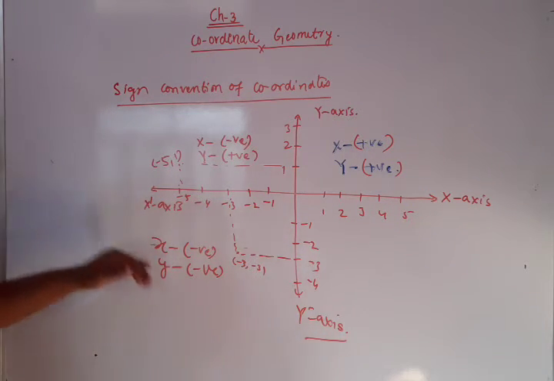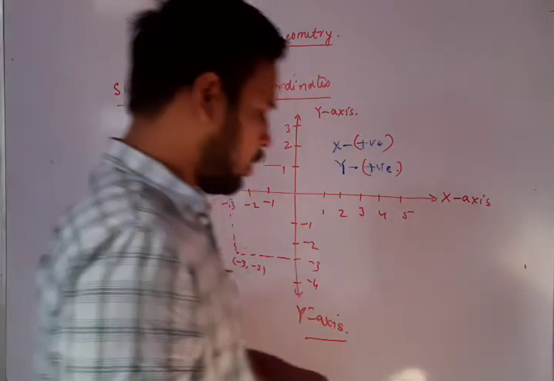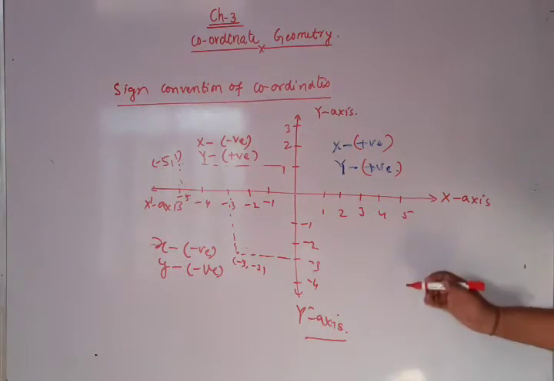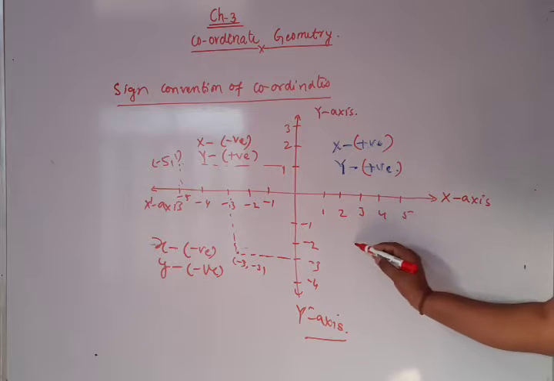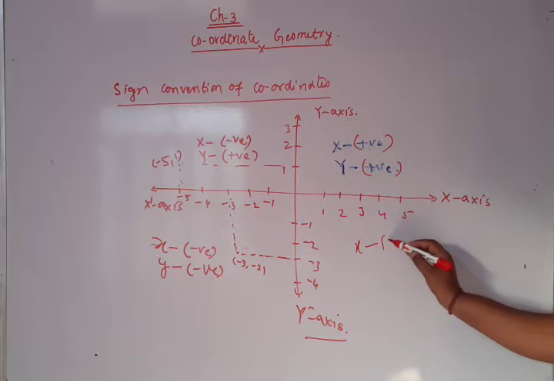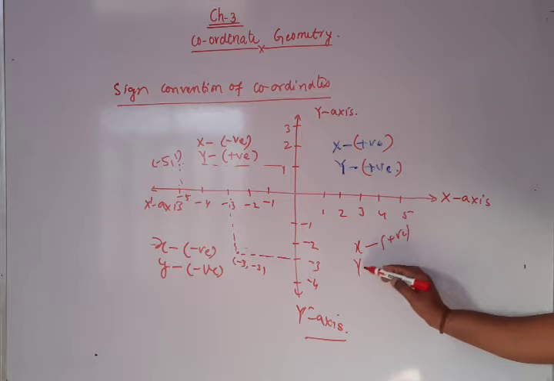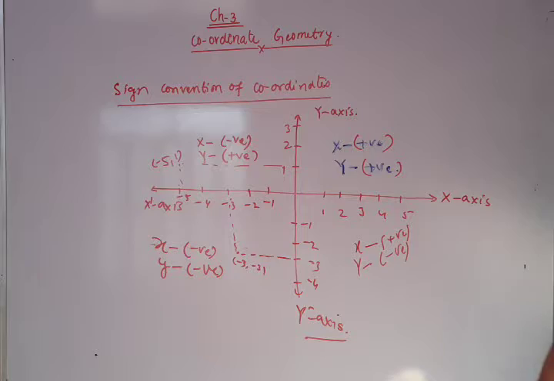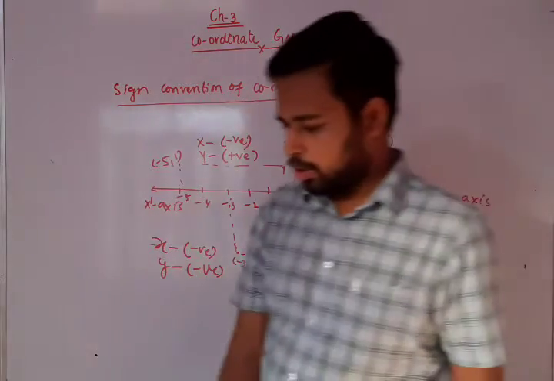Now coming to this, here x will be positive. In this quadrant, x will be positive and y will be negative. Understood?